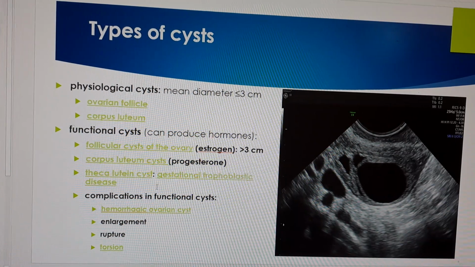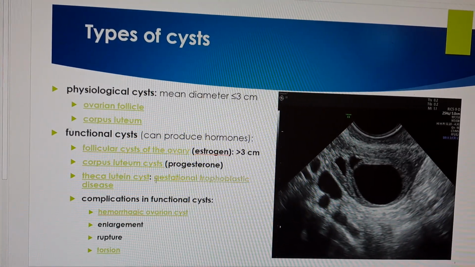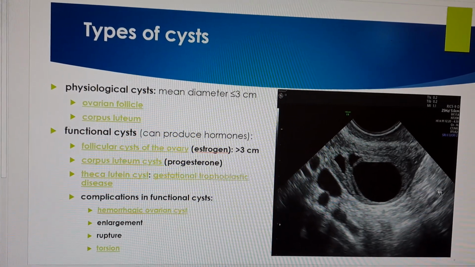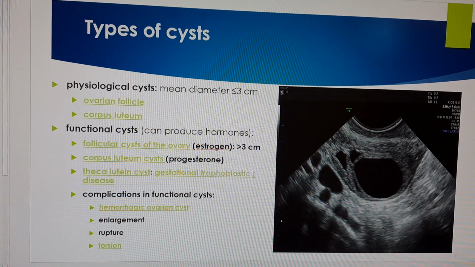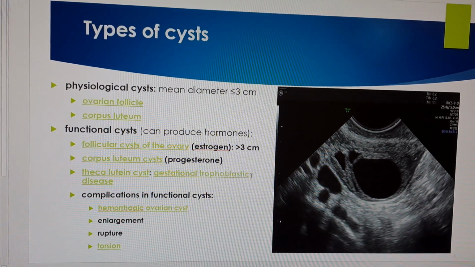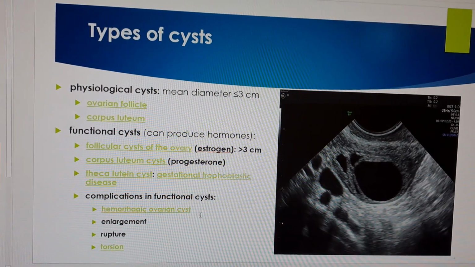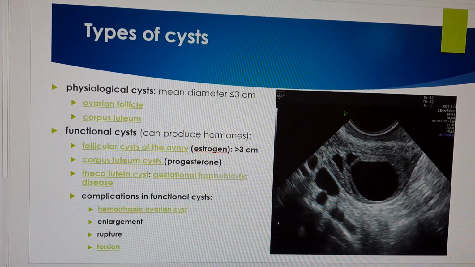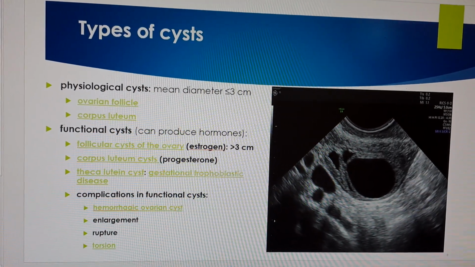There is also a thicker luteal cyst with the luteal phase in gestational trophoblastic disease, which has small, multiple cysts in the ovary, but this is also functional because it releases hormones. The complicated cysts are the hemorrhagic, the large cyst and the torsion of the ovary, which we will discuss as complications of the cyst.